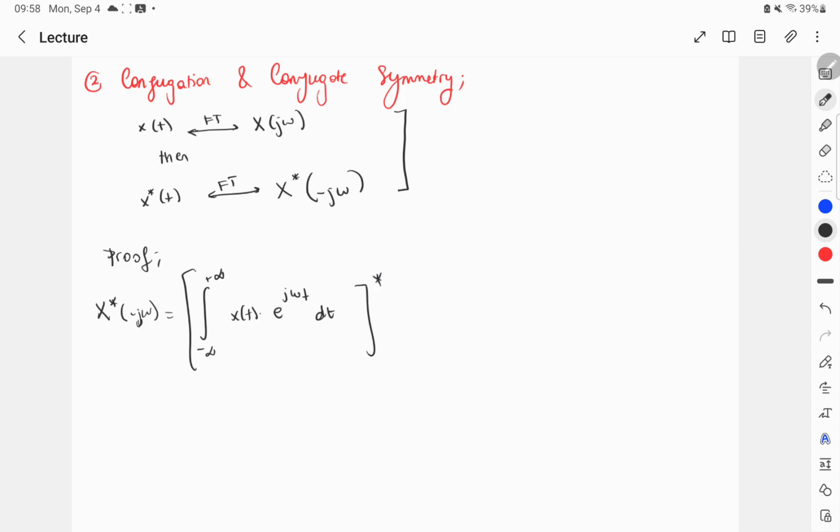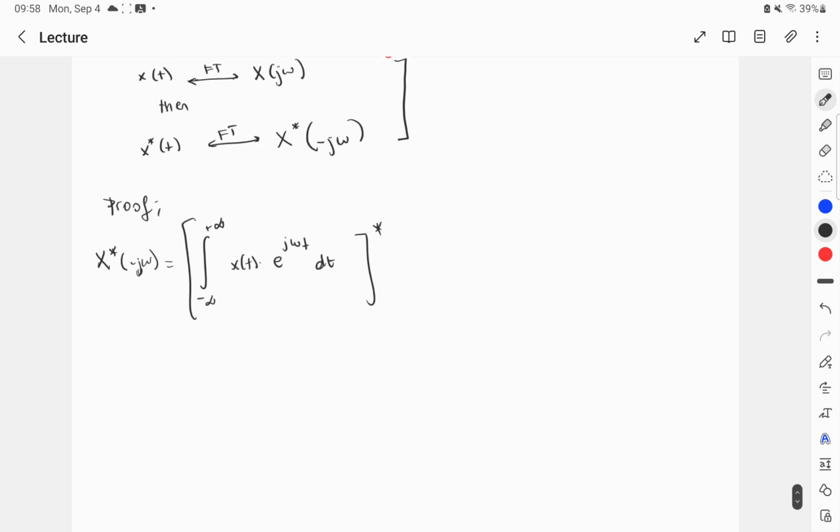Why is that so? Because we actually knew that our previous formula was this. So if we write minus in here, we multiply minus with minus, and we get plus in here. That is the reason why.